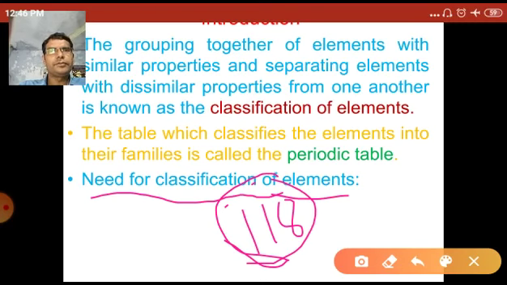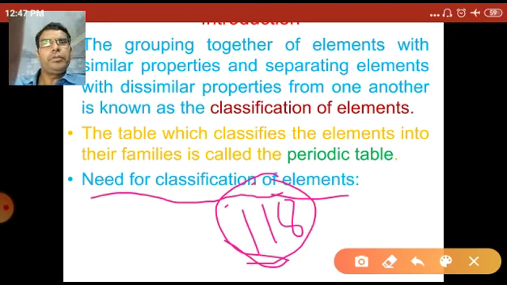So finally, scientists concluded that the elements should be classified into their groups, families and categories in a systematic way. That's why the study of the elements is easier for an individual, a student or also a teacher.